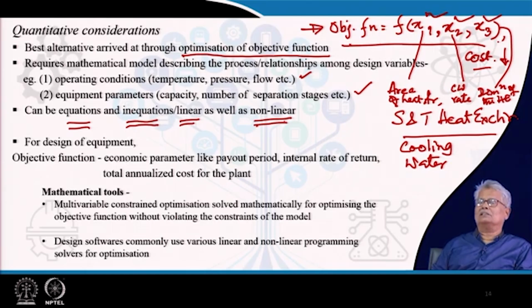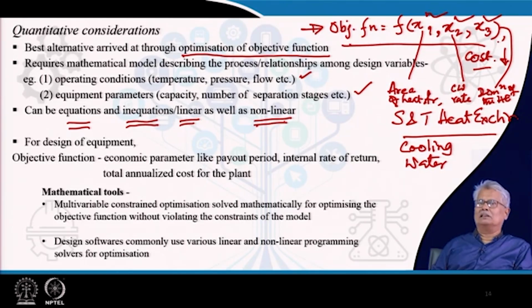So, the objective function need not necessarily be always an economic parameter. Usually for large plants it is an economic parameter like profitability, but for most small equipment design, for example distillation column or heat exchangers, it normally will be some other technical parameter like efficiency, etc.